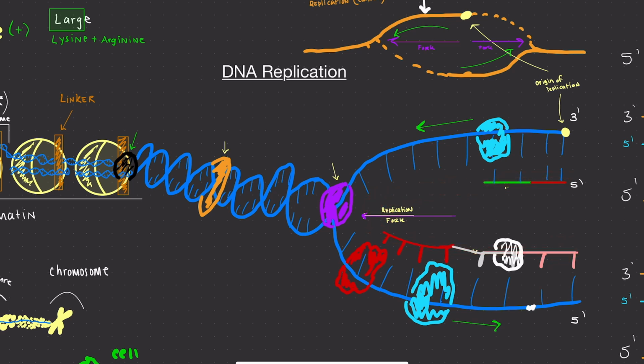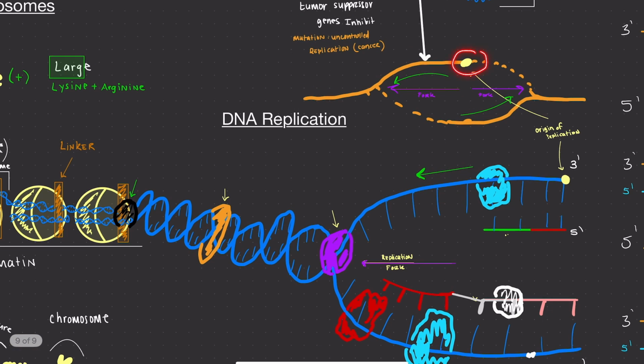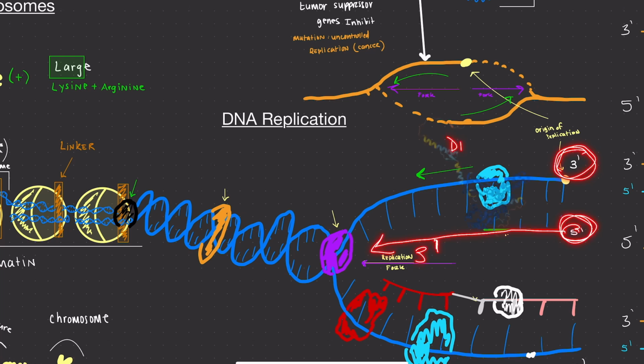It doesn't have to take place at the ends. It could be anywhere within the strand of DNA. And it operates at the 3' end so that the leading strand will go 5' to 3' due to the operation of DNA polymerase, another enzyme.